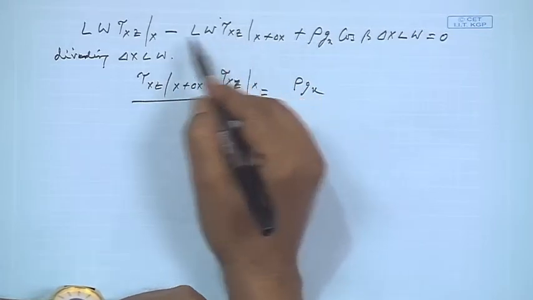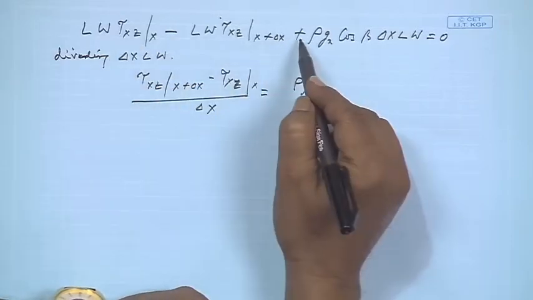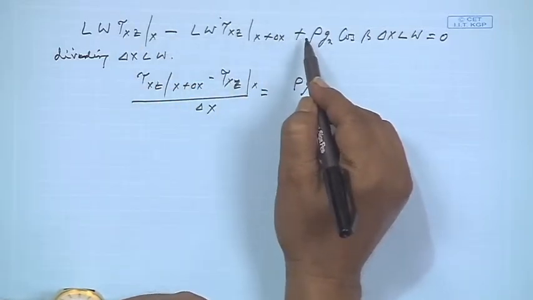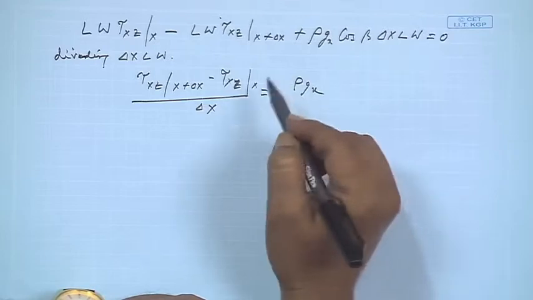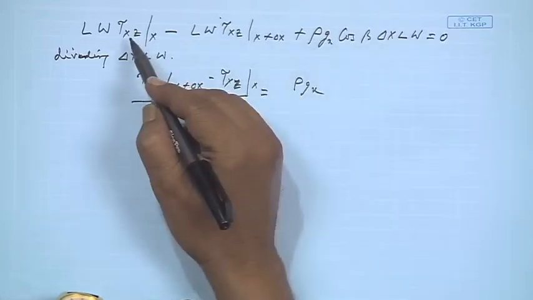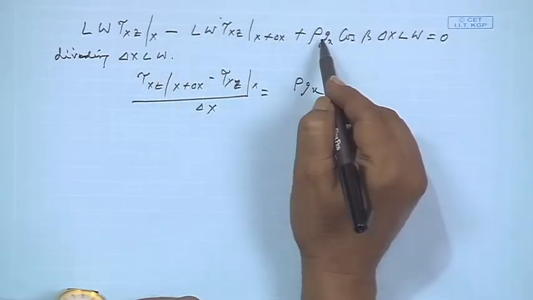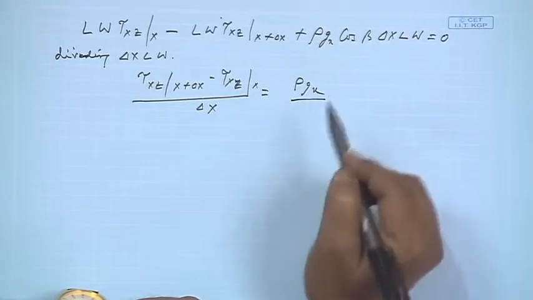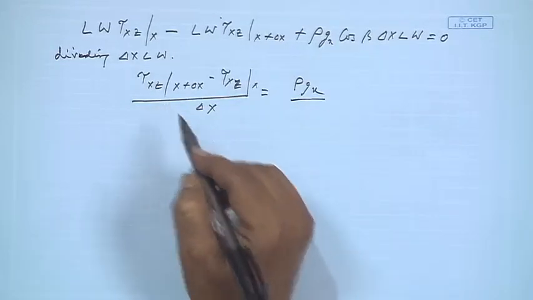There is a negative sign, and moving it to the other side makes rho g x positive.